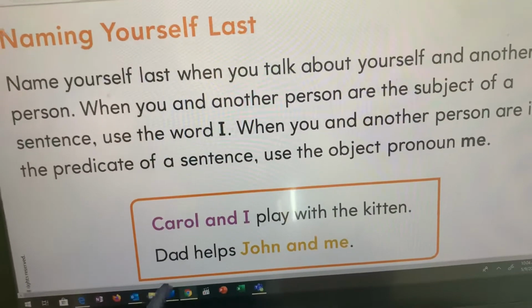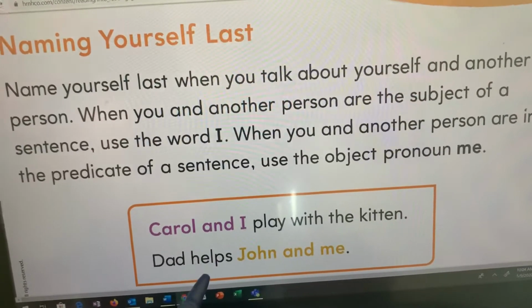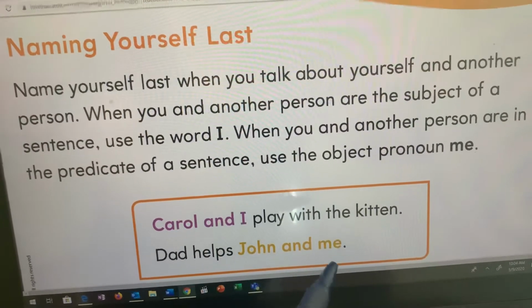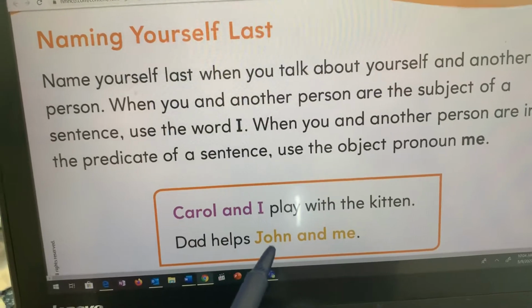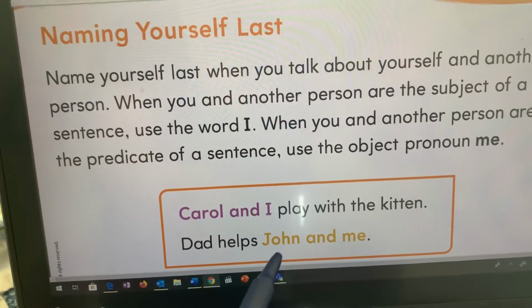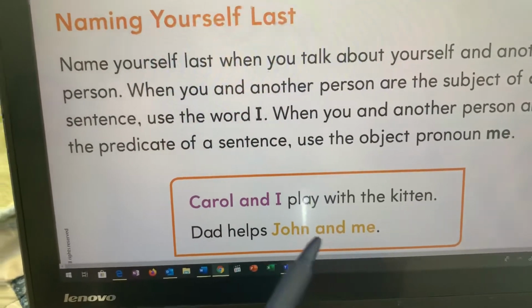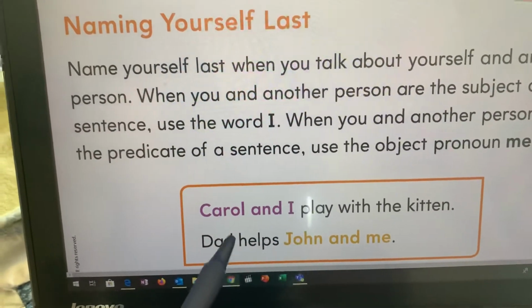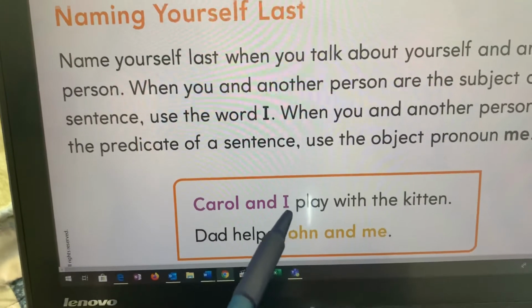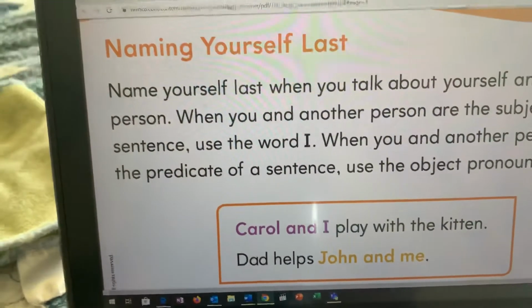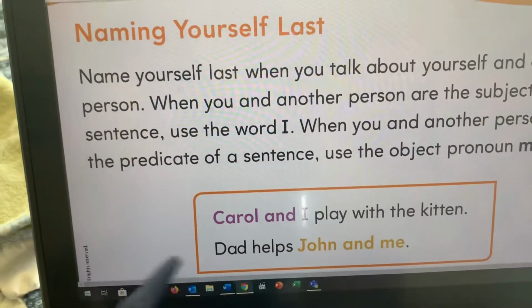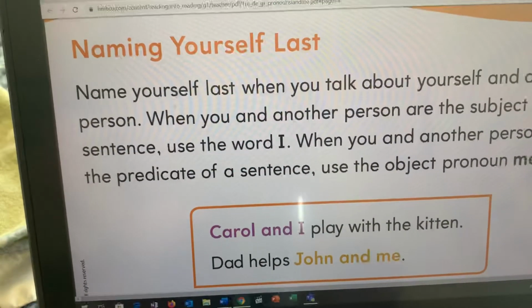So here we have Dad helps John and me. So we have another person, so that person comes first, and you, referring to you with me, you come last. Carol and I, Carol comes first, and you come last, right? So no matter where you're at, this is the formula that we're going to focus on.